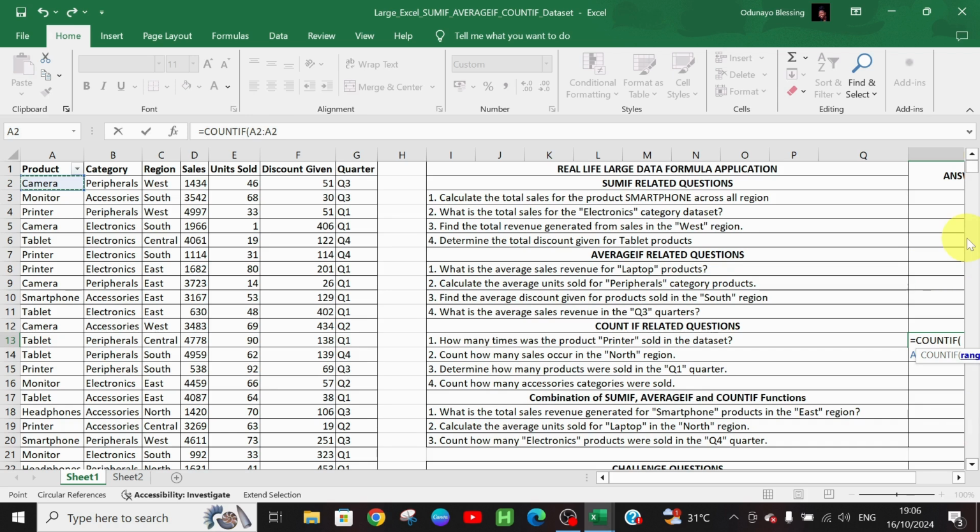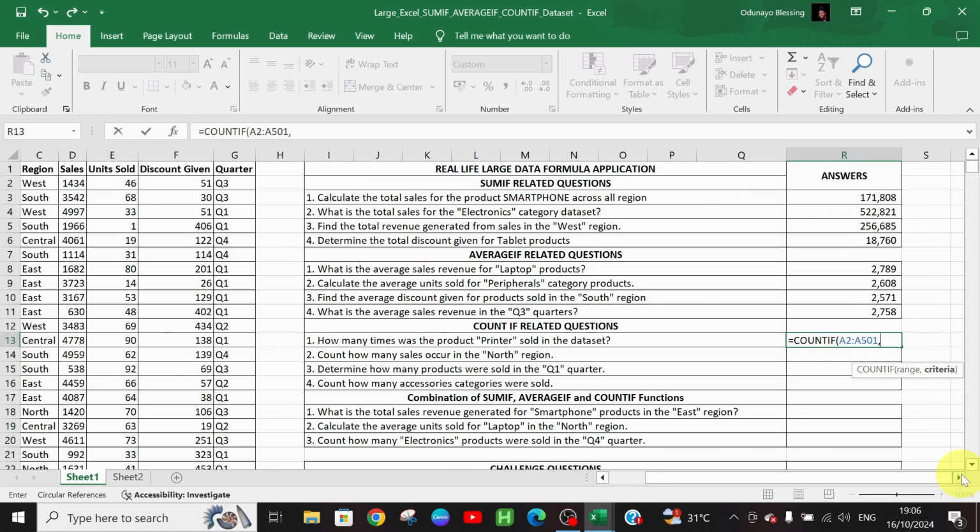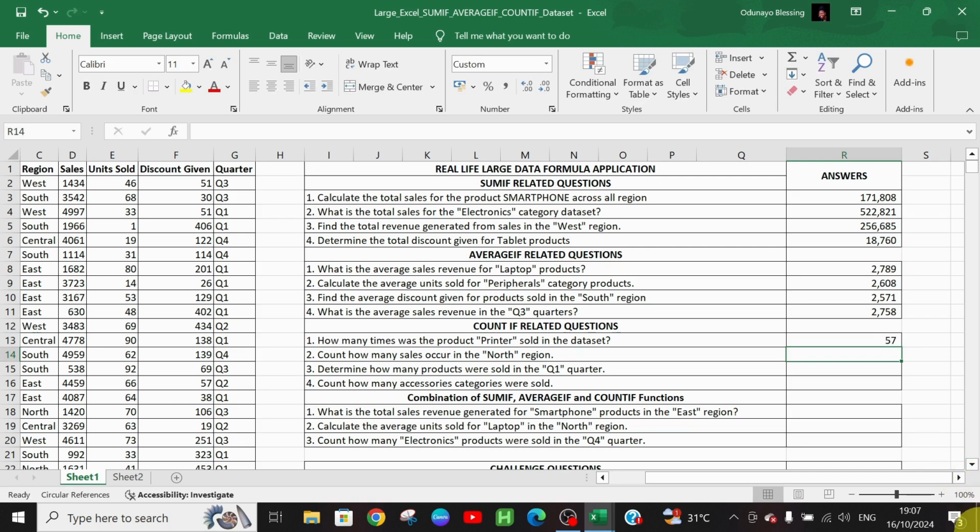So it's going to be A2 to A501. Then after that, we have the printer as a criteria, and we close the brackets. So it gives us 57 times the printer was sold according to the data set from all regions.